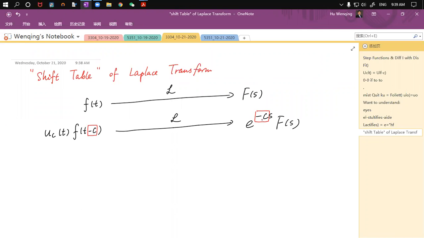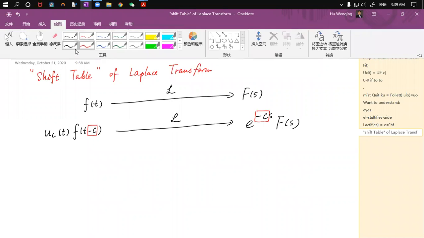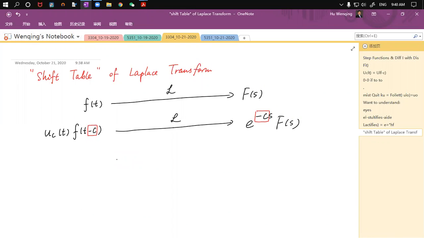Okay, that being said, we actually have one more line of this shift table, which goes backwards. I'm going to shift this capital F by c, then by the inverse Laplace transform, no matter what side you do a shift on, on the other side you must have an exponential shift.